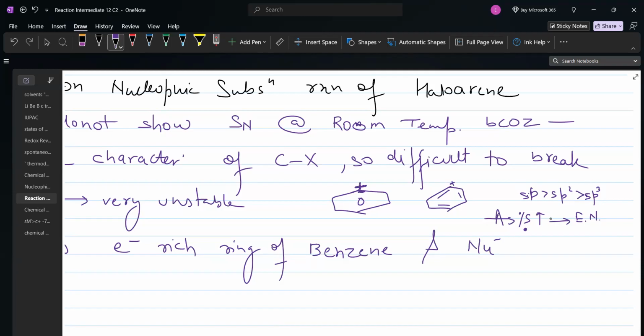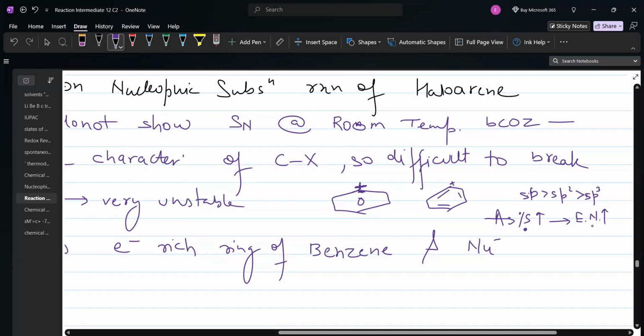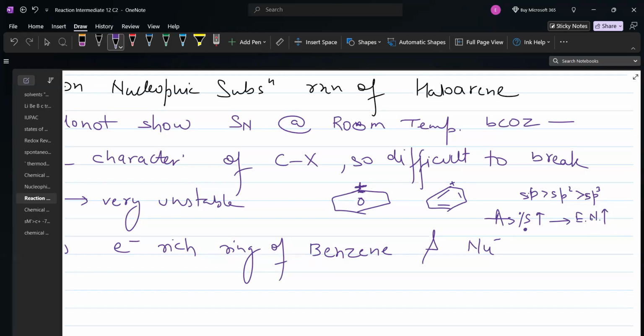So as percentage s increases, electronegativity increases, and this is very common to you. Electronegative atoms like to have negative charge on them, not positive charge. And you are pushing this carbon to have positive charge on it. So this is very unstable. Understood?